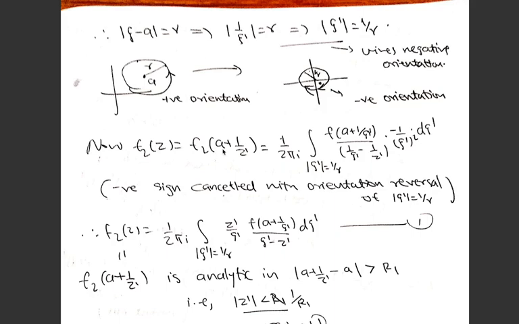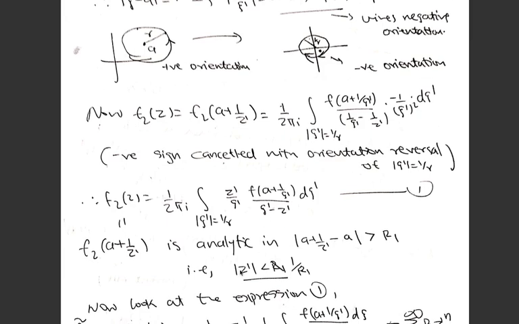So f2(z) you can write it as f2. What happens is this: by the change of variable, here you have a function which is analytic in the region |z minus a| greater than r1. But by the change of variable, what we get is a function which is analytic in the region |z prime| less than 1 by r1.